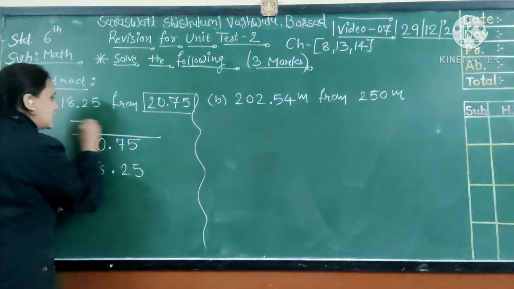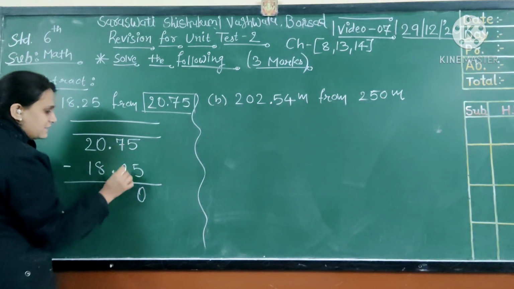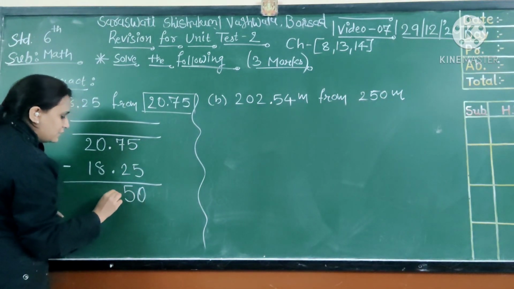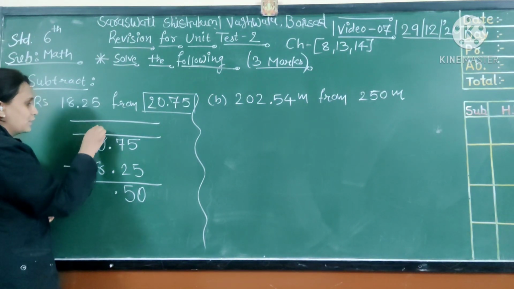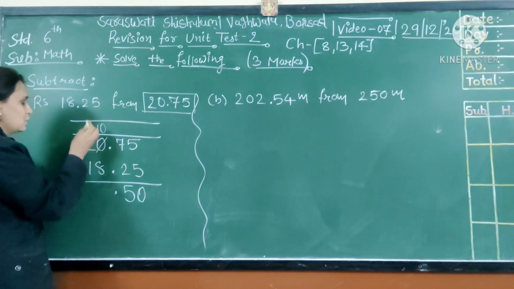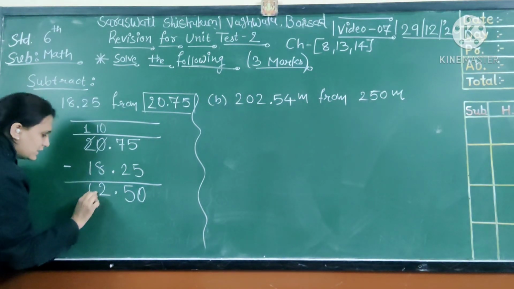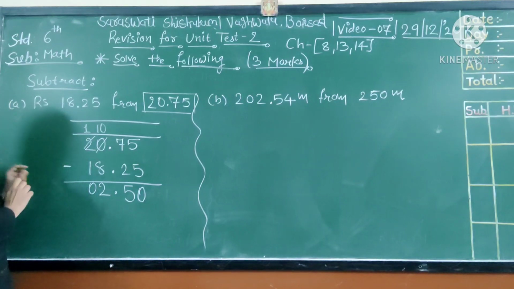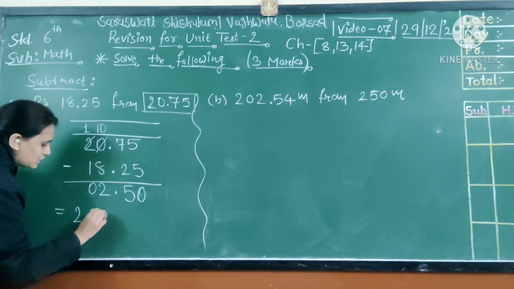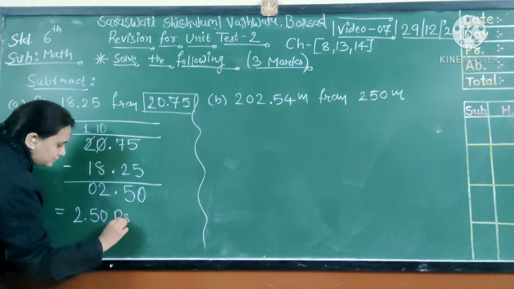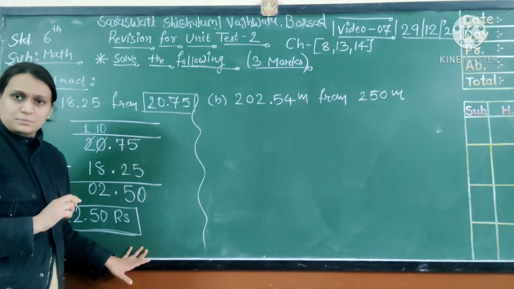Let us start the subtraction here. 5 minus 5, 0. 7 minus 2, 5. Now we cannot subtract 8 from 0, so we have to take borrow. So here 10 and here 1. So 10 minus 8, 2, and 1 minus 1, 0. So here the subtraction answer is 2.50 rupees.